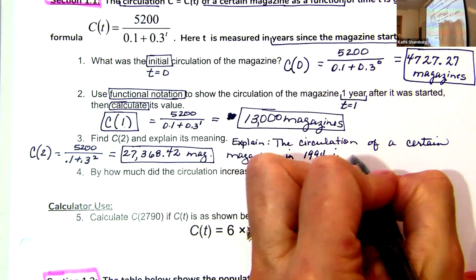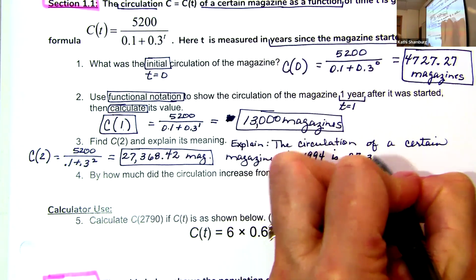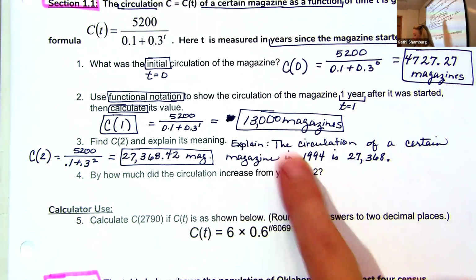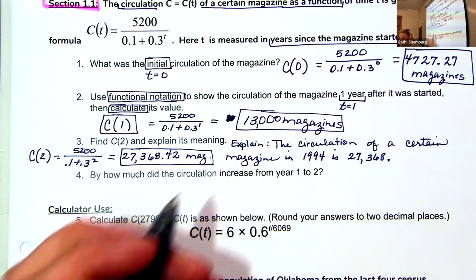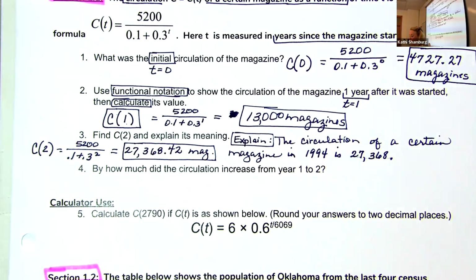I would take either as correct. I'm going to put 27,368. Now, I don't have to say magazines again, because that was defined in the definition of the function. So this is the explain that was asked for.